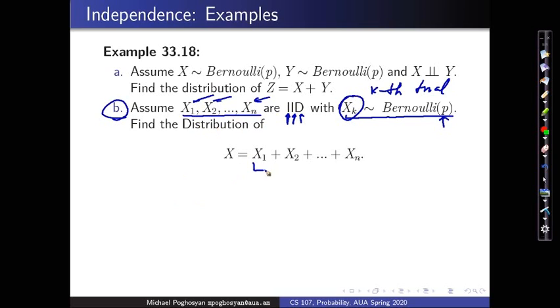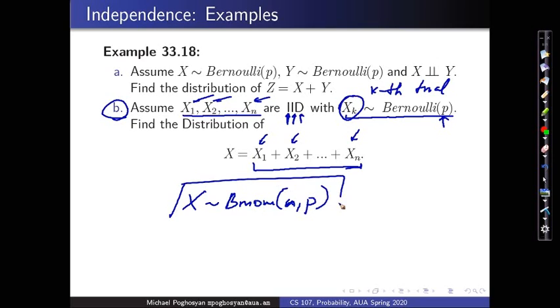So what will the sum of the Xk show? The sum will show how many ones I have here. X1 is either 0 or 1, and so on. So this sum is showing how many ones I have, that is, how many successes I have in those n trials. That means the distribution of the sum will be binomial with parameters n and p.